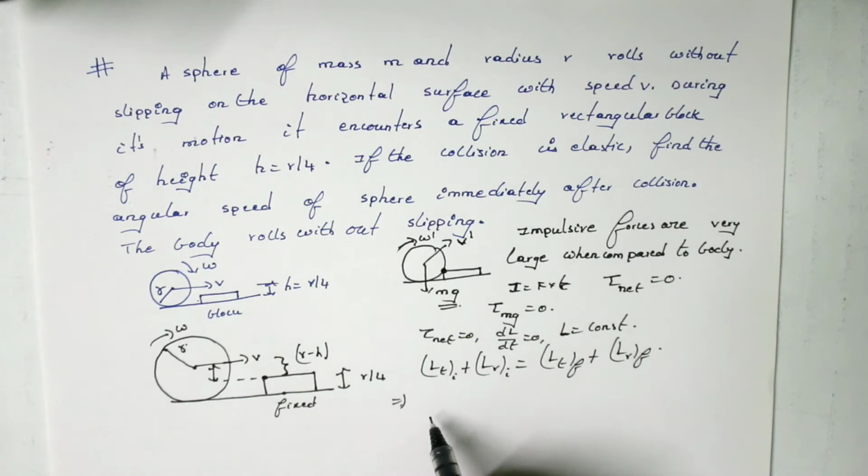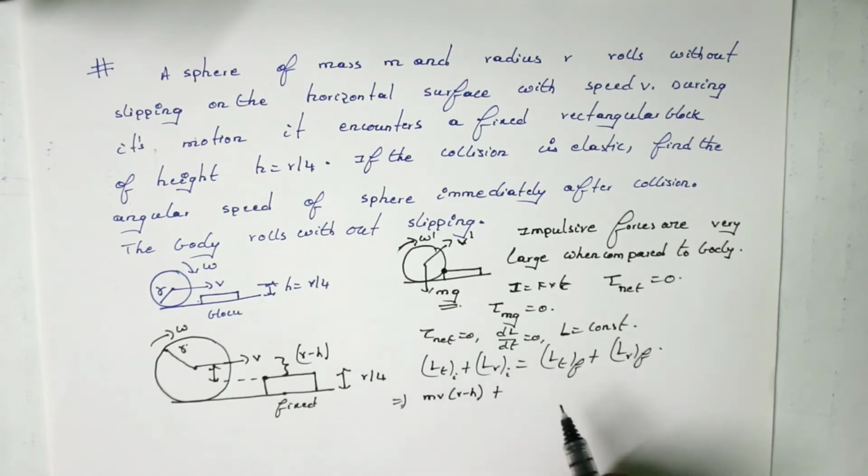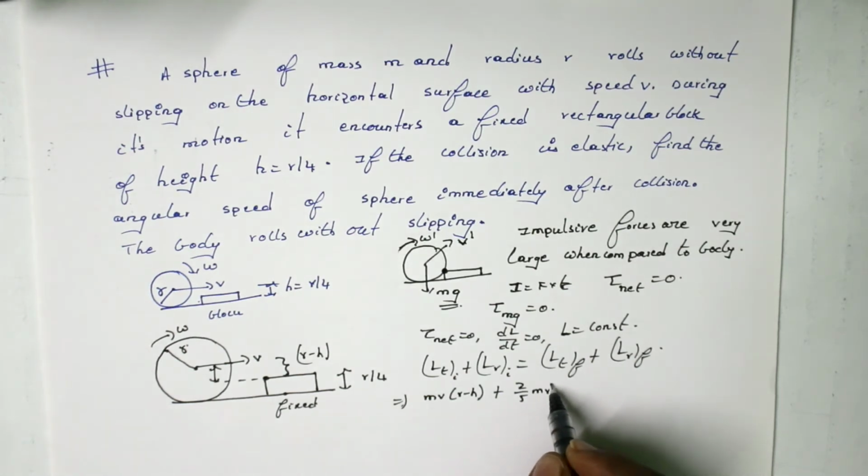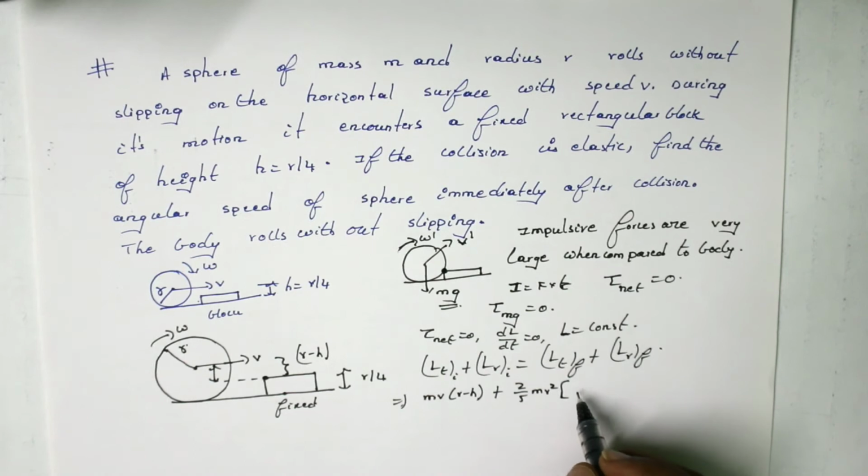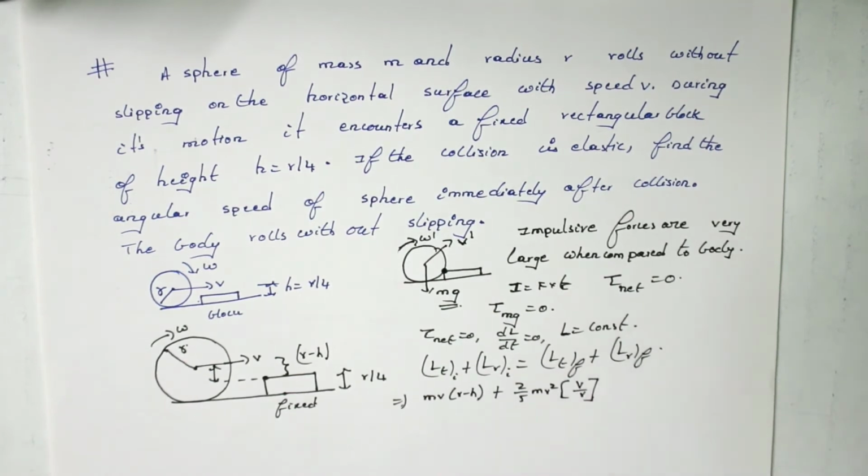So the angular momentum due to translatory motion can be written as mv into r minus h, plus the angular momentum due to rotational motion, which can be written as I into omega. Omega can be written as v by r, and the moment of inertia for a solid sphere is 2 by 5 mr square. So I will write 2 by 5 mr square into v by r instead of omega. So this is the initial angular momentum.